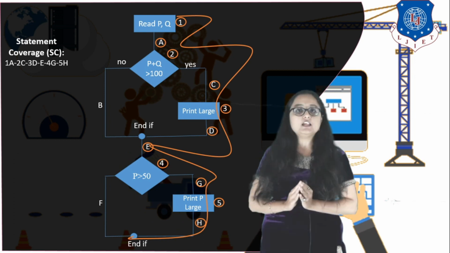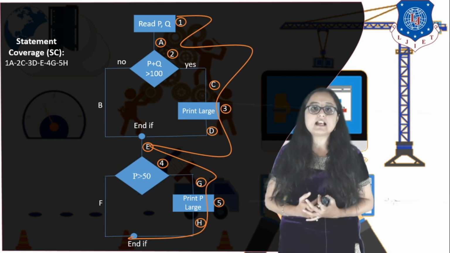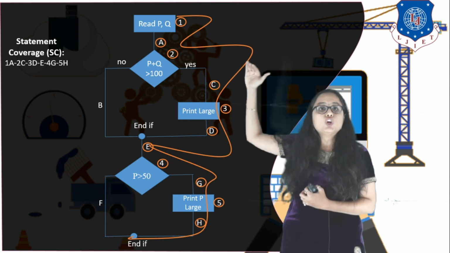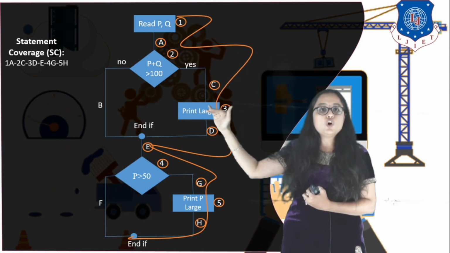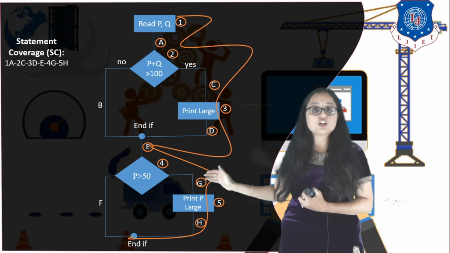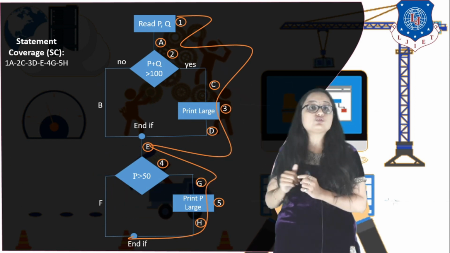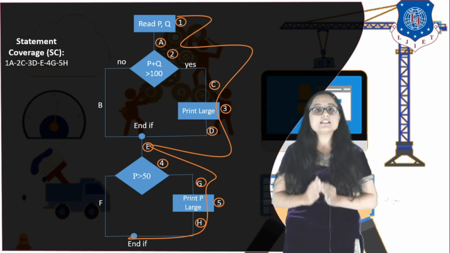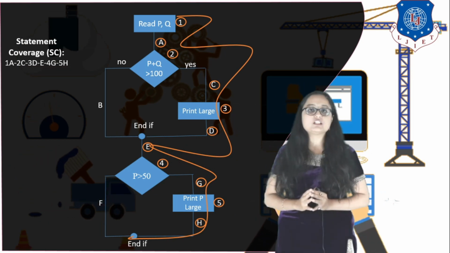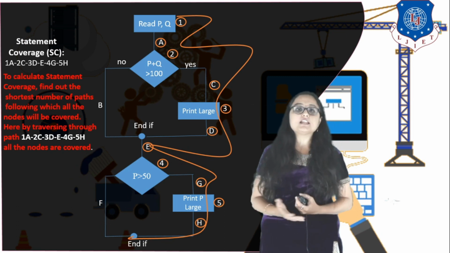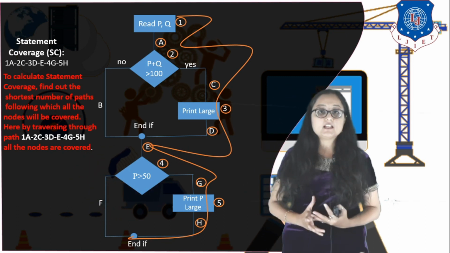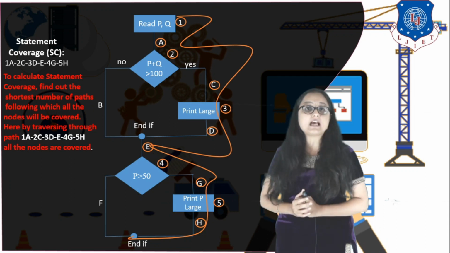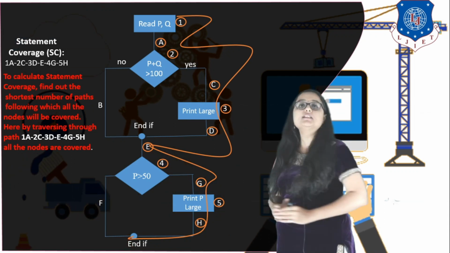Now you can see what the actual statements being executed in our source code are. They are basically 1, 2, 3, 4 and 5. So you can see in the path also all the nodes are covered at least once. That is the basic aim of statement coverage: while you are performing statement coverage, it is mandatory that all the nodes are executed a minimum of one time and all the true conditions are followed.